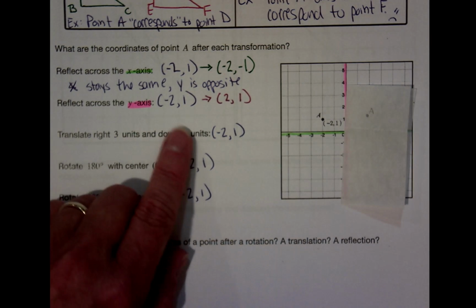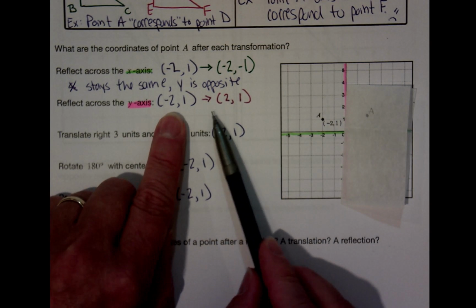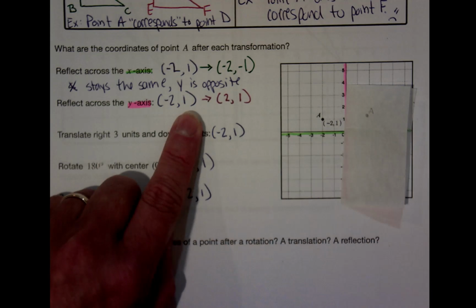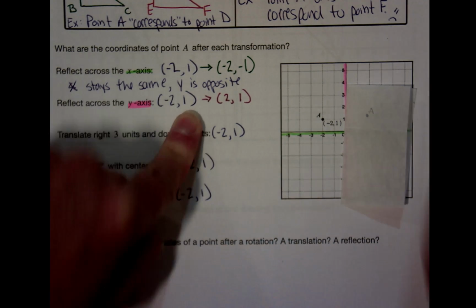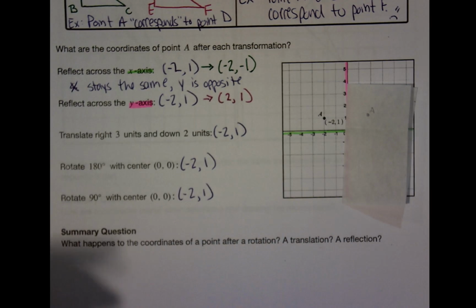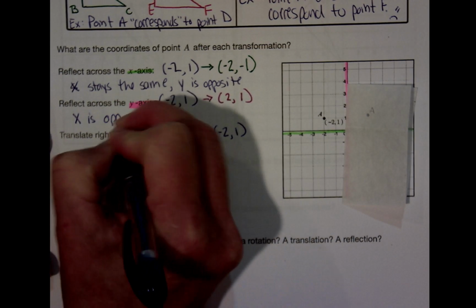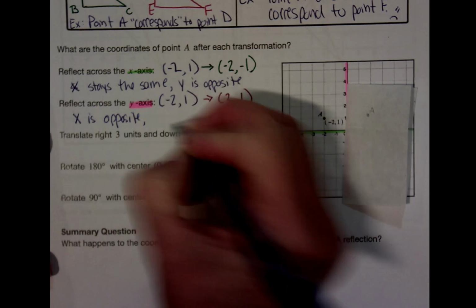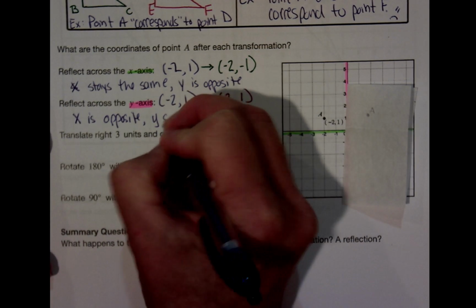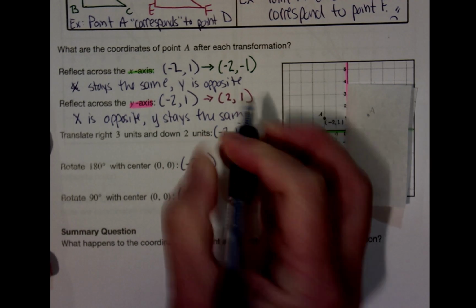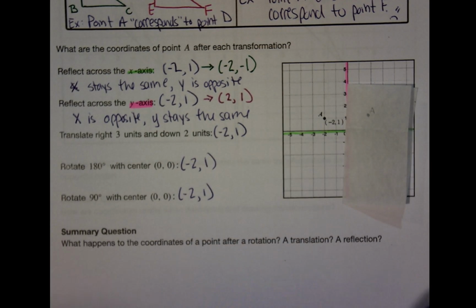So in this case, the x value of the coordinate is opposite what it was, -2 to +2, but the y value stayed the same. So x is opposite, y stays the same. X is the first number, y is the second number.